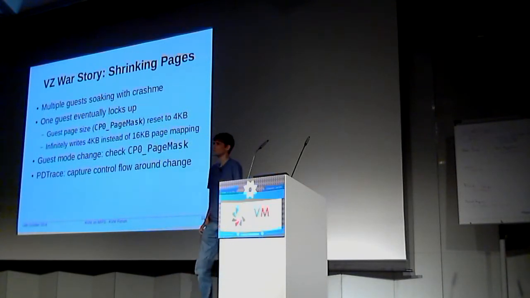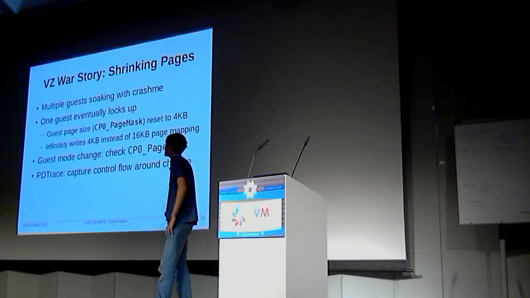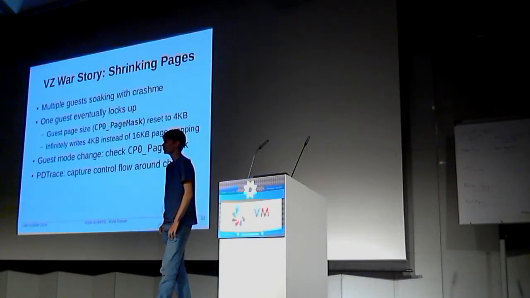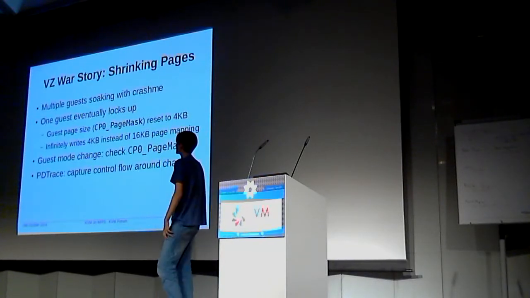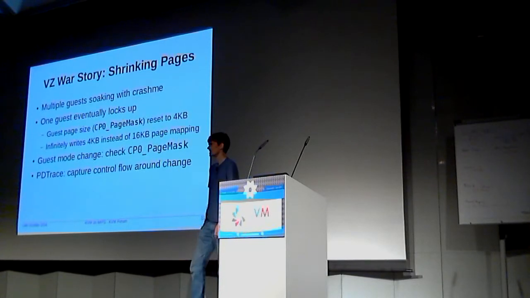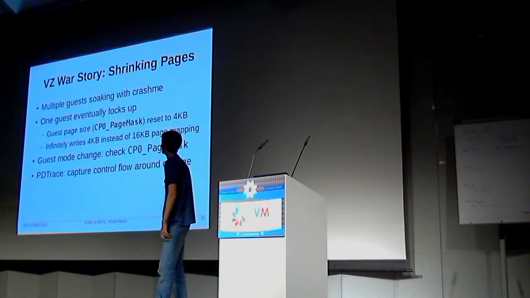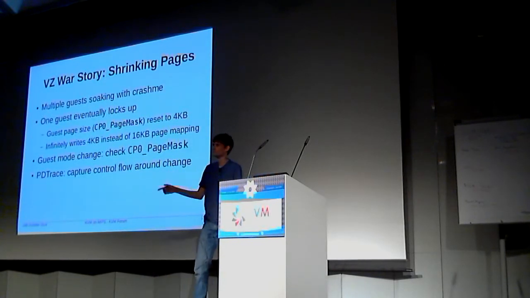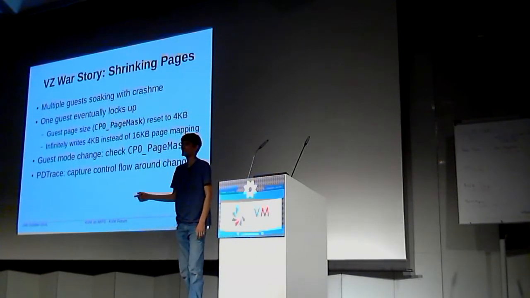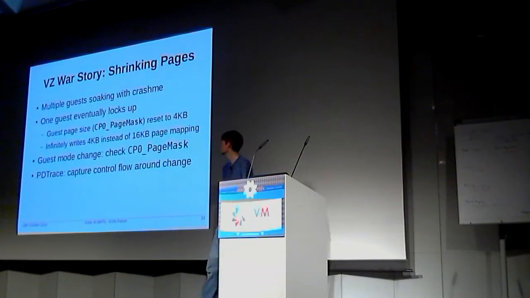But this register was getting set to 4K, which meant that all new mappings had 4K instead of 16K, which I was using at the time, which essentially, because the 4K wasn't covering the address that was missing in the TLB, it would infinitely try and fill a 4K page instead of a 16K page.